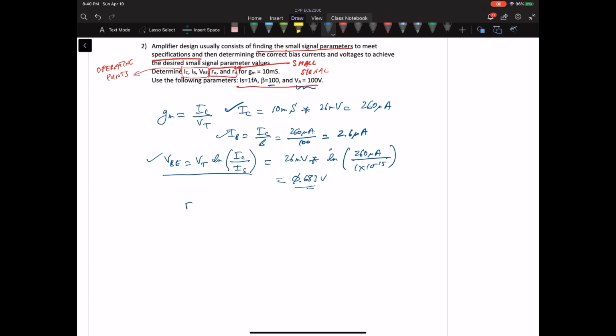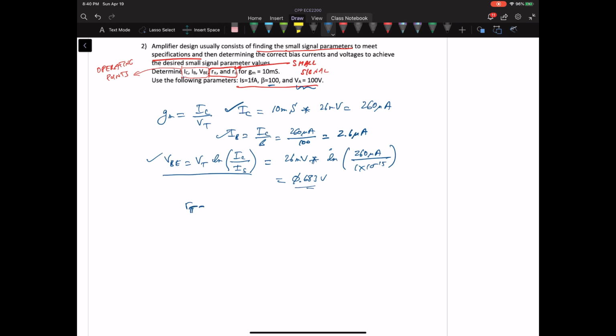I'm just going to assume VCE is 5 volts or less, so a reasonable power supply, and that for those voltages it's not going to have a big effect on the base-emitter voltage. We're going to test that by calculating RO in just a little bit.